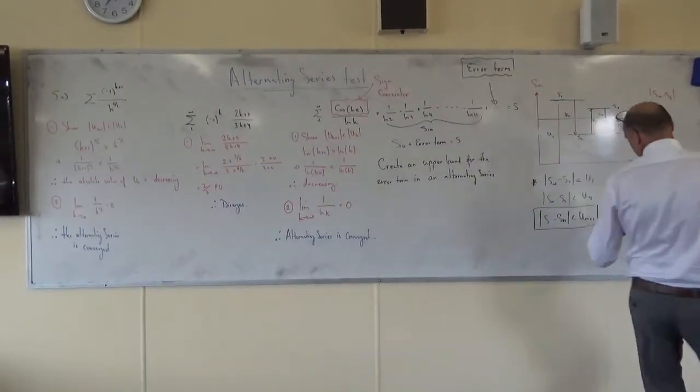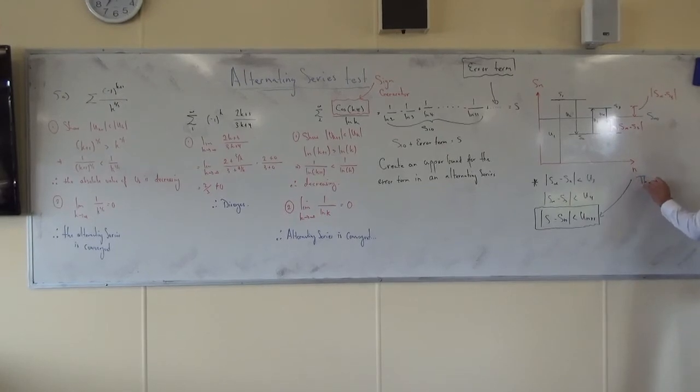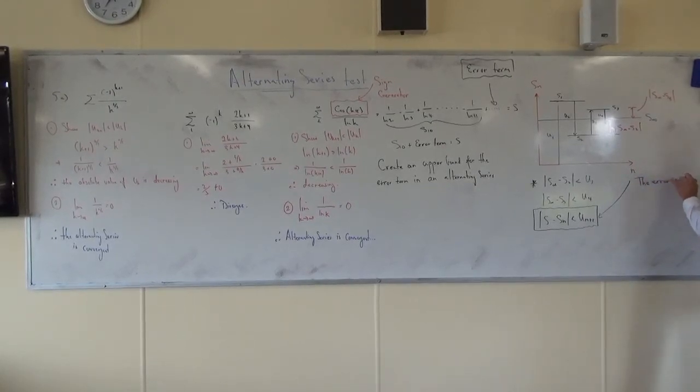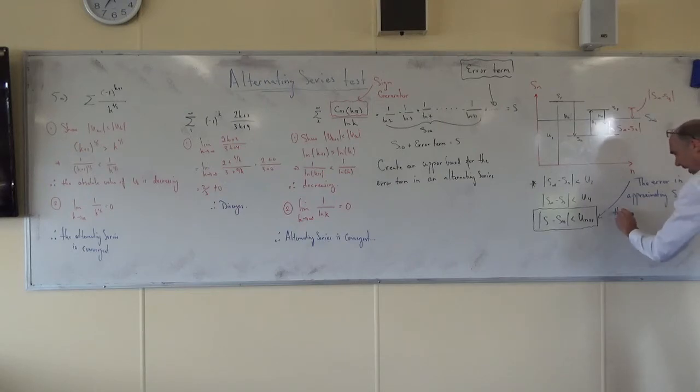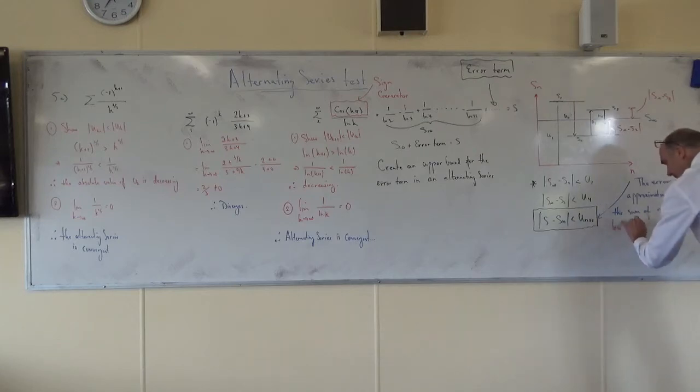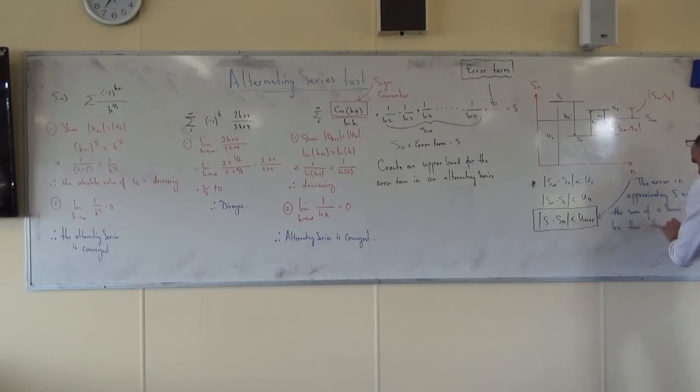Let's go, Vincent. Let's write that down. Here we go. The error in approximating S using Sn, using this sum of n terms, is less than the value, I should put the absolute value there, isn't it?